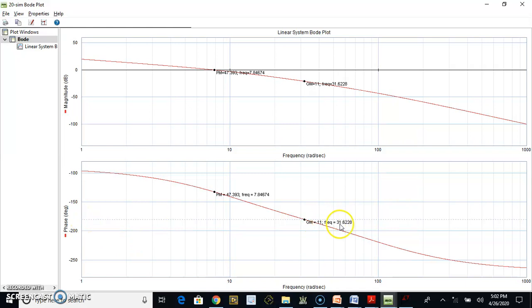The corresponding frequency is 31.62, and corresponding to this we have a phase margin of 47.39 degrees, and corresponding to this frequency we have a gain margin of 11.